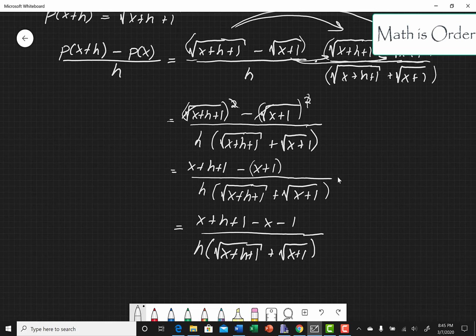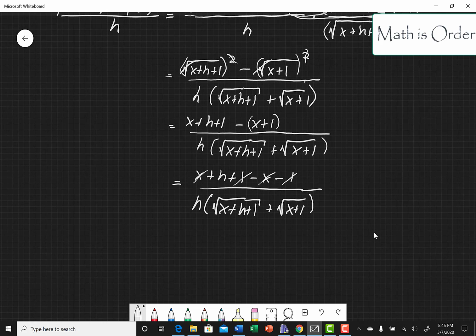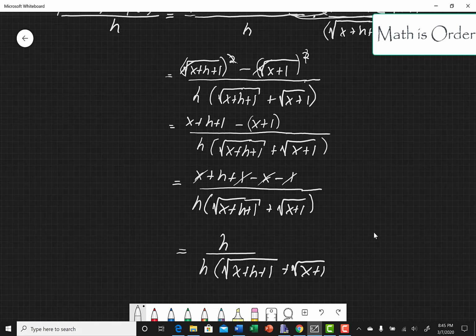And you could see here now that a positive x cancels a negative x. A positive 1 cancels a negative 1, which has given us a final answer of h on the top, h on the bottom, times square root of x plus h plus 1 plus square root of x plus 1.